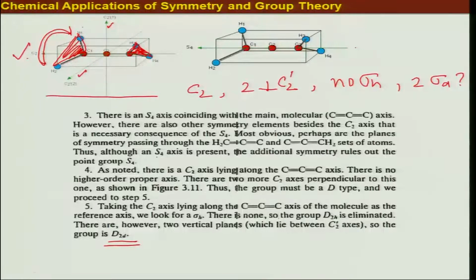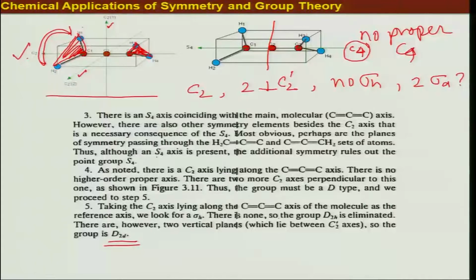Here you can see that there is no proper C4. But if you assume that there is something like a C4, suppose this does not exist actually, but suppose you rotate the molecule by 90 degrees, as if you have a C4, and then you reflect it on a plane perpendicular to this C4.